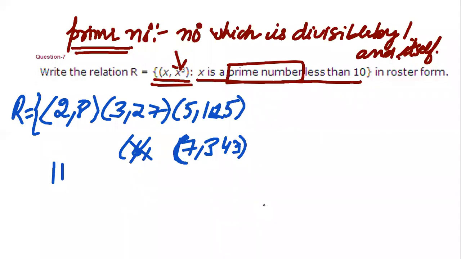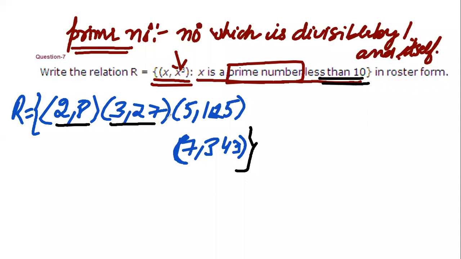What is the condition? That X should be less than 10. I need X less than 10, is it right? Okay. So these are the answers here. This is our roster form: 2 with 8, 3 with 27, 5 with 125, 7 with 343.